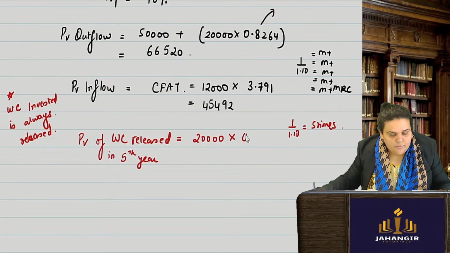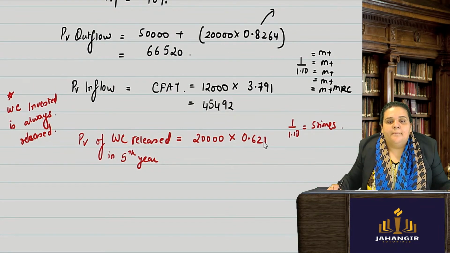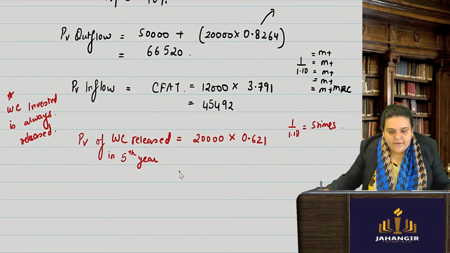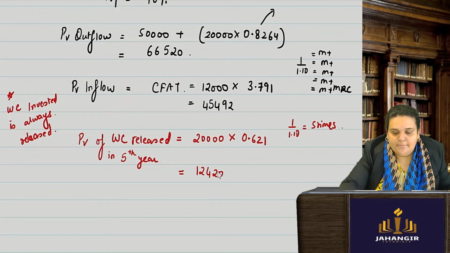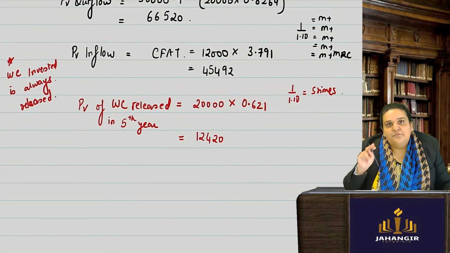It will come as 0.621. So the present value of my working capital release will be 12,420.